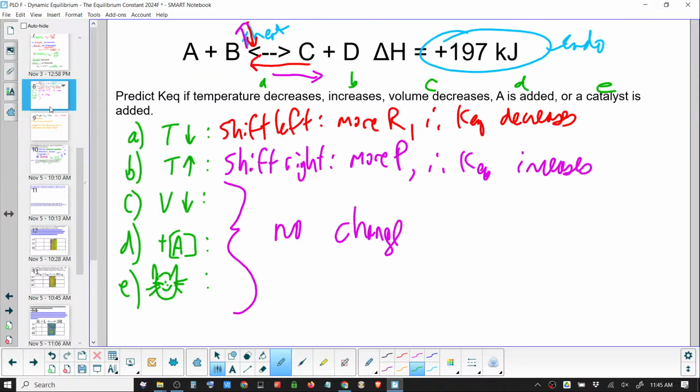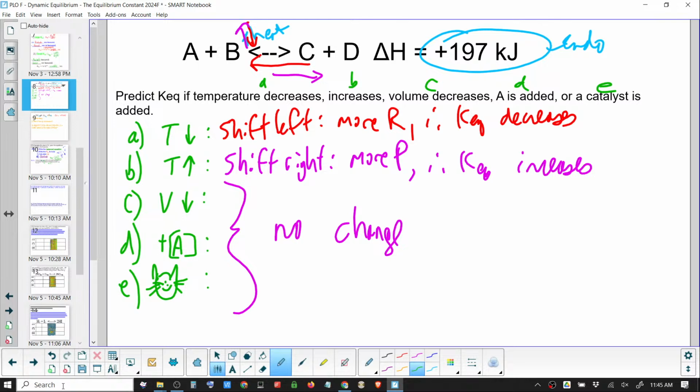Not solid and liquid. I mean, those aren't included in the equation. But only temperature shifts change the actual KQ number, and now we're calculating the number. So they tell you a temperature to tell you that it's fixed. It's not going to change.